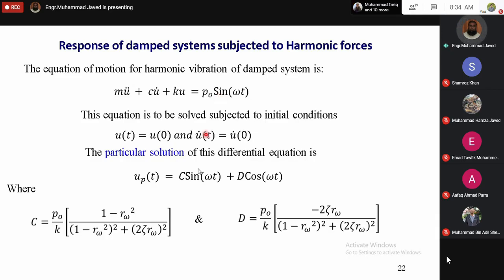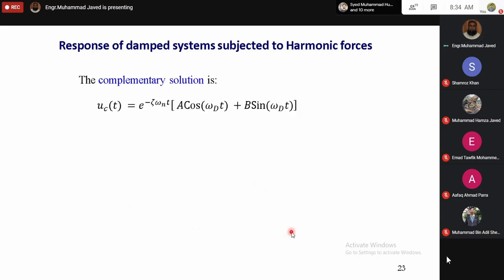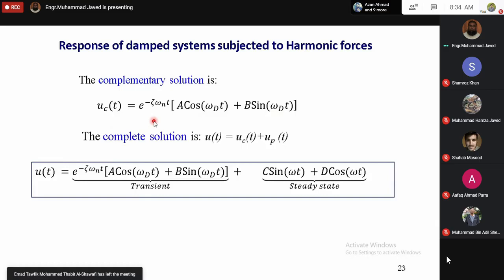And the particular solution for this equation is of this type, in which C and D can be calculated by the equations provided below. Similarly, the complementary solution is also produced here. And complete solution, which will be sum of the complementary and particular solution, is also reproduced here.